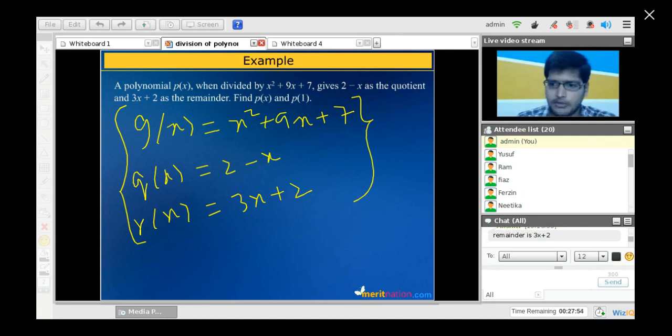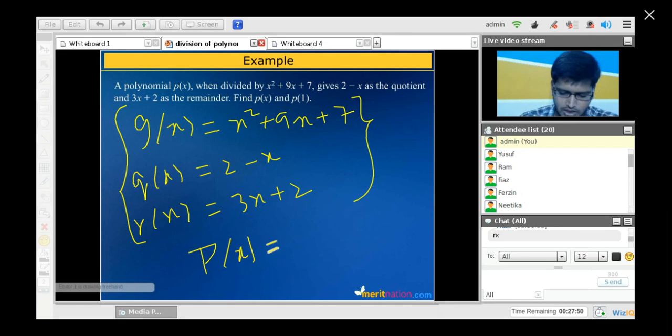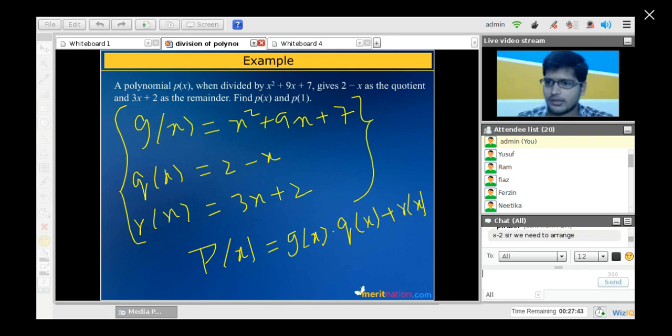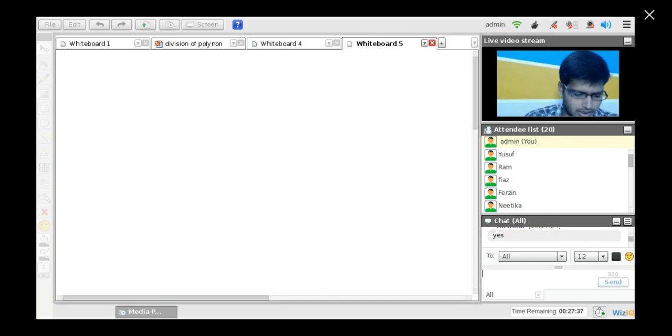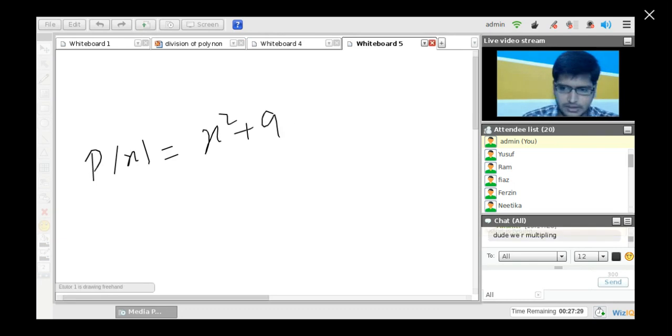Now you need to form p of x, where p of x is nothing but g of x into q of x plus r of x. Divide it and solve it. p of x is equal to x square plus 9x plus 7, x square plus 9x plus 7.